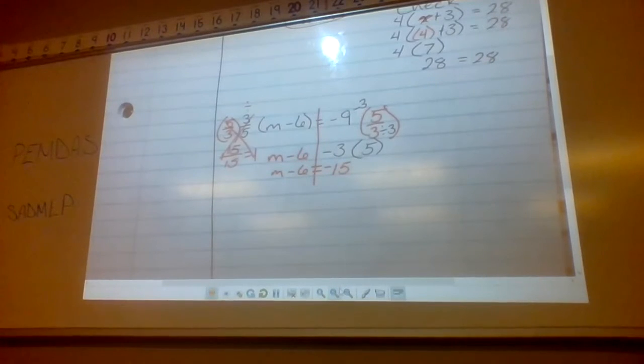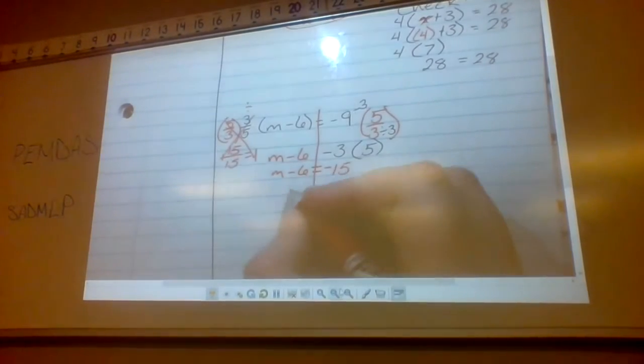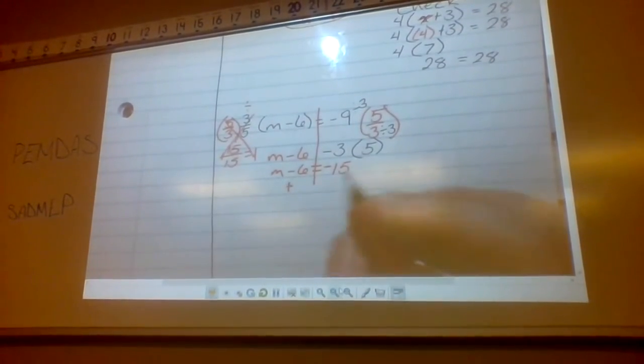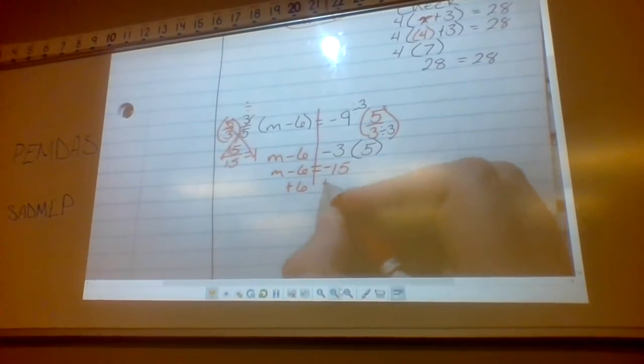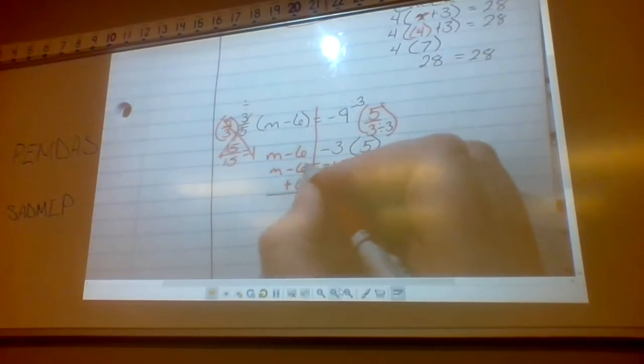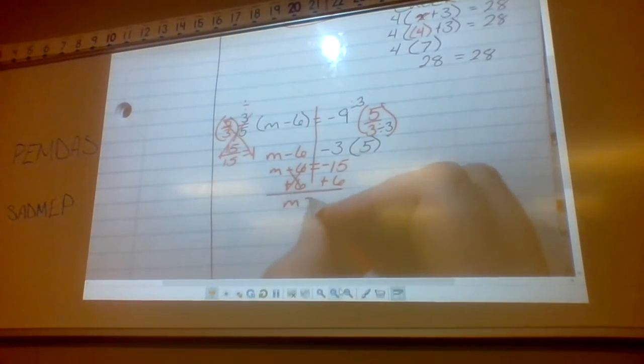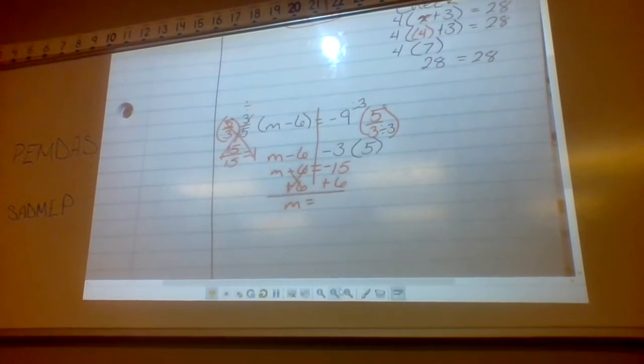Is a variable isolated? No. What operation do you see? Subtraction. What's the inverse? Addition. What are we going to add? What you do to the left, you do to the right. m equals, what is negative 15 plus 6?